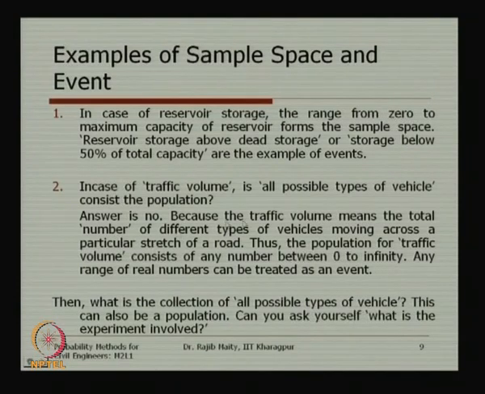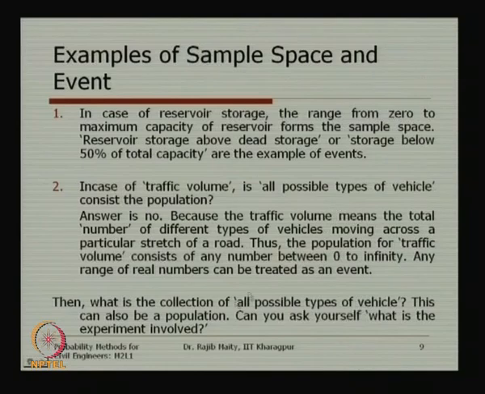I hope you understood that in the reservoir storage experiment, the sample space is a continuous sample space. So the first example is one of a continuous sample space, and the second is an example of a discrete sample space. Coming back to this question, in the case of traffic volume, all possible types of vehicle is not the population.